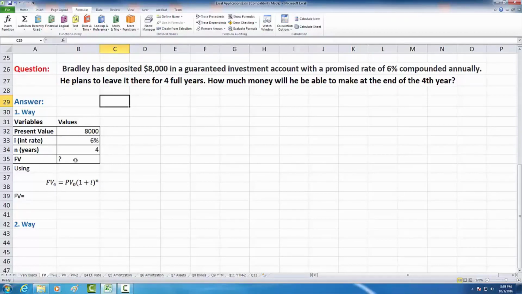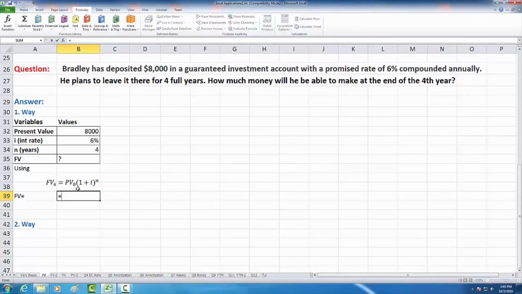What you need to do is to calculate the future value using this formula, because this is a compounding question. This money, the present value plus the interest, should be earning interest over 4 years. So it's not just the principal, it's the principal plus the interest. This is the formula from our book.